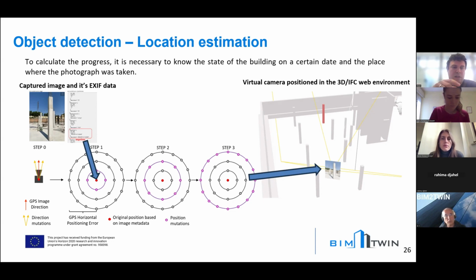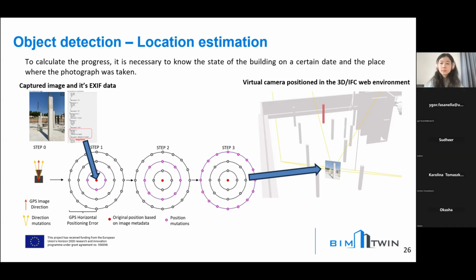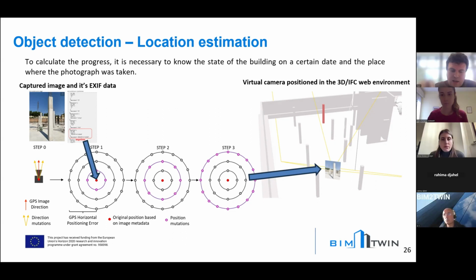As it's known, the uncertainty of your position in a smartphone is quite high. So what we try to do is make mutations, changing the initial position, to try to find the best match and define where the picture was taken.